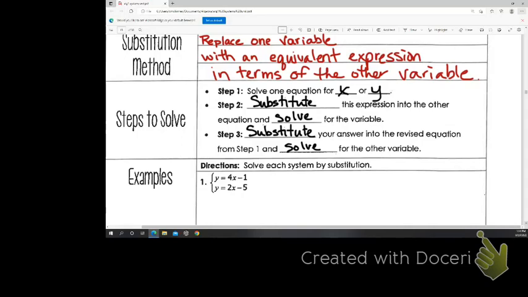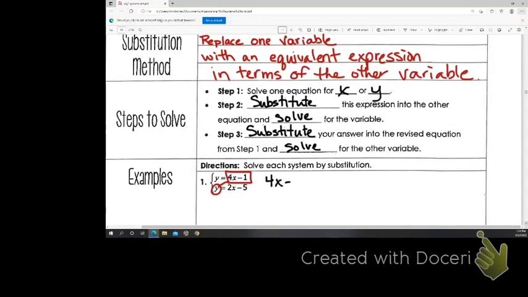In number 1, this example, both of these are solved for y. So I can solve them by substituting. I can put this where this y is, because if y is equal to that, it can replace it.